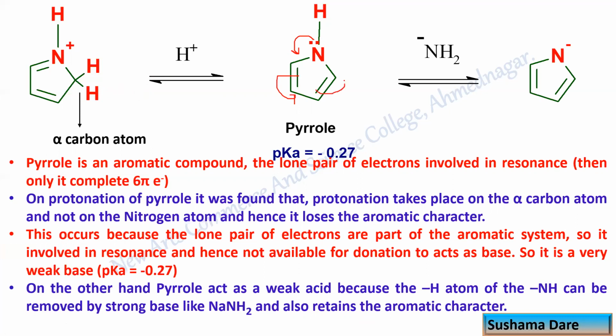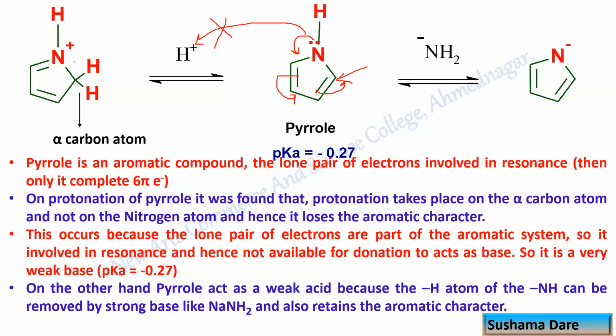So because of that, this carbon abstracts the proton. Instead of nitrogen directly donating its electron density to this proton and abstracting it, that is not possible. This carbon abstracts the proton because there is a maximum electron density on this carbon due to this type of resonance, rather than on the nitrogen atom.